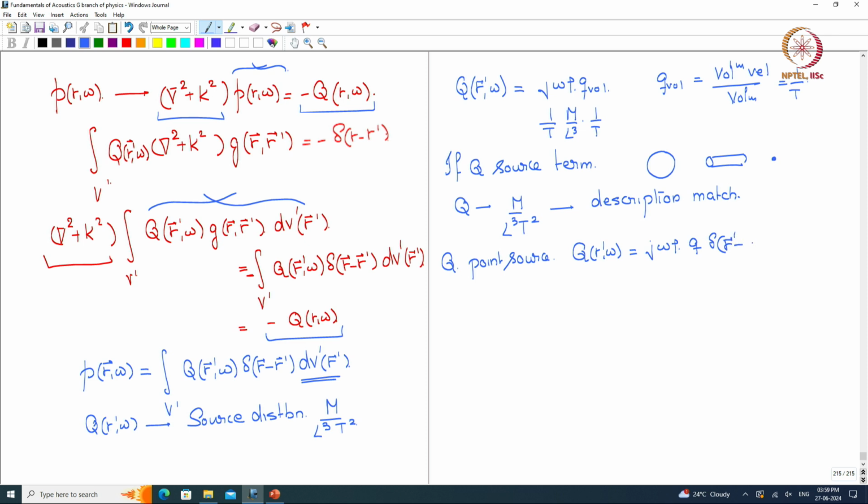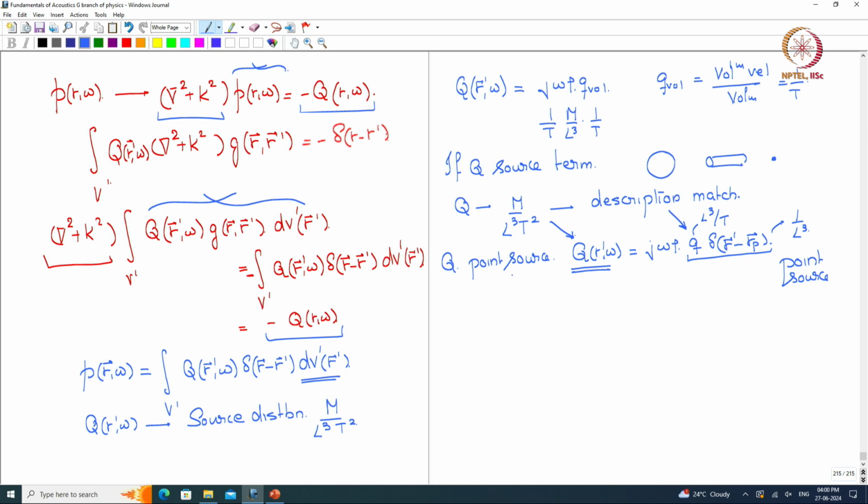This is a triple delta. So it has 1 over L cube units, and this has L cube by t units, and together they describe a point source. You see how? And we have matched the units of q. So we have matched the description and we have matched the units also for a point source.